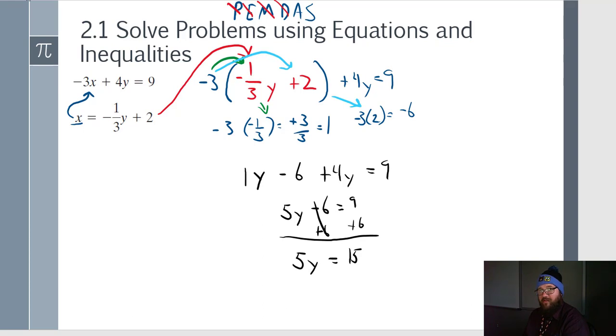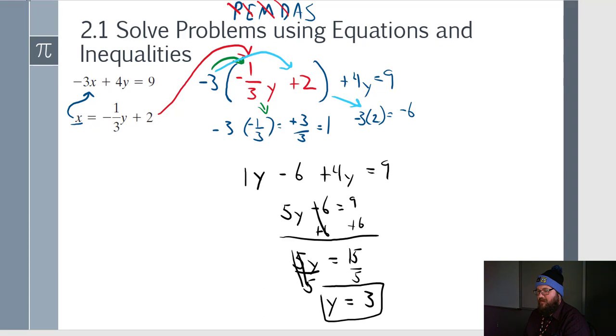Then to get rid of this 5 on the y, we need to divide by 5 on both sides. 5's will cancel out over here. So you get y equals, and 15 divided by 5 is 3. Okay, so we got y is equal to 3.